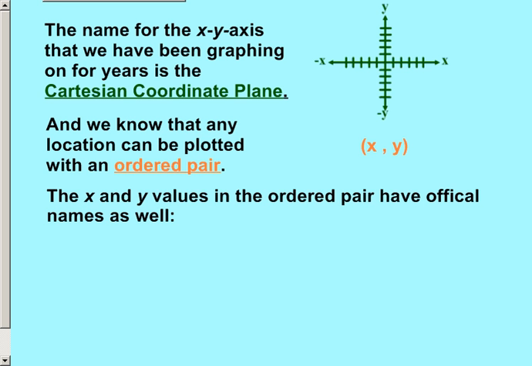The x and the y values, you've probably never heard this before. They have official names that go along with them, and it's time that we learn what those vocabulary terms are. Okay, so let's take a look at our ordered pair, x comma y. The x value, its official technical name is called the abscissa.